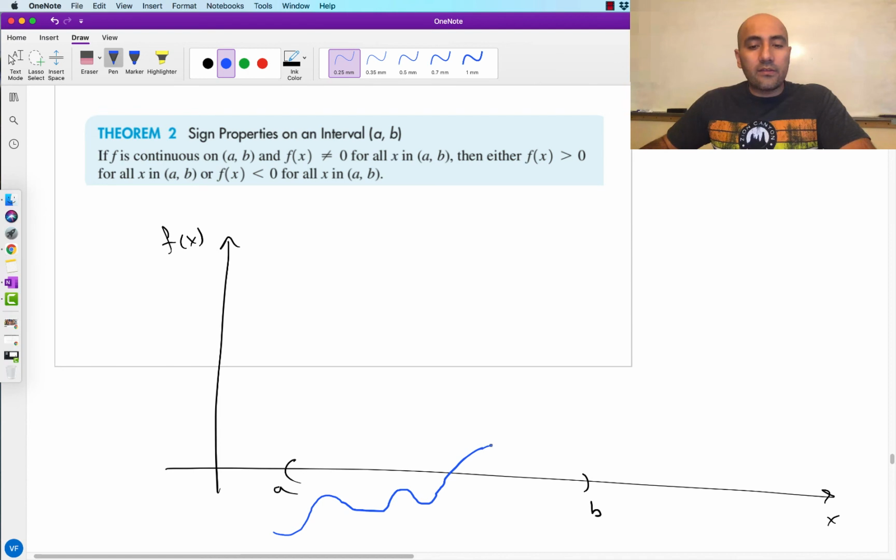The only way to go from positive to negative and not touch the x-axis would be to do some sort of a jump like that. But we're being told that this function is continuous, so that's not allowed either. So if we have a function that's continuous on a to b, and we know that it is never equal to 0 on a to b, then the function is always positive or the function is always negative. That's what this is saying.